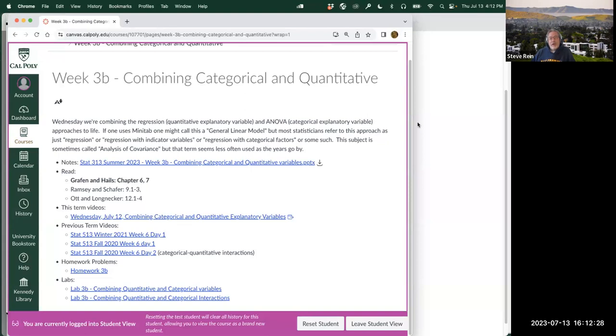And I want you to tackle the lab associated with the interactions between categorical and quantitative variables today. But because we're not going too much deeper, I will talk a little bit on interactions in a general sense between two categorical variables, but the more complex case of interactions between quantitative variables, we will be putting on hold until this coming Monday.